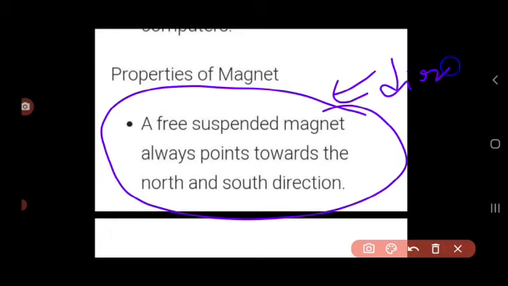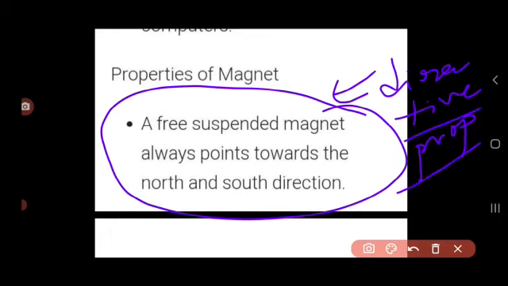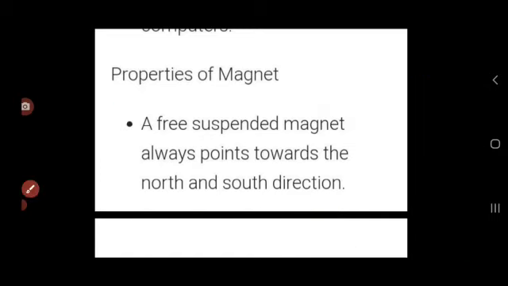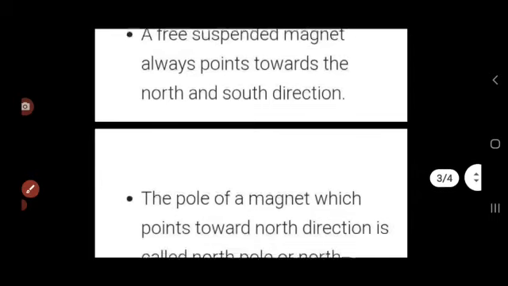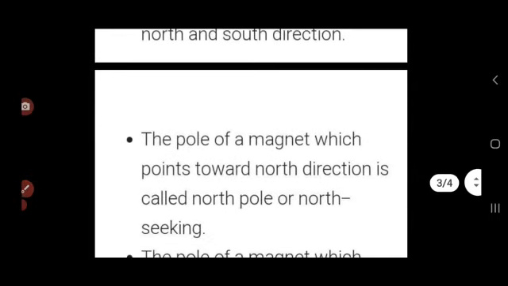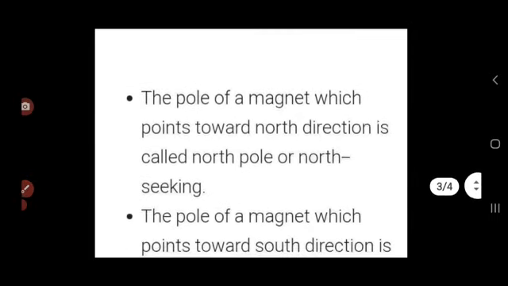Now, they always attract the magnetic substances like iron, nickel, cobalt, etc. Second one, magnet always has two poles, north and south. Monopole magnet is not possible. Suppose you are given a piece of magnet, obviously it has two poles.